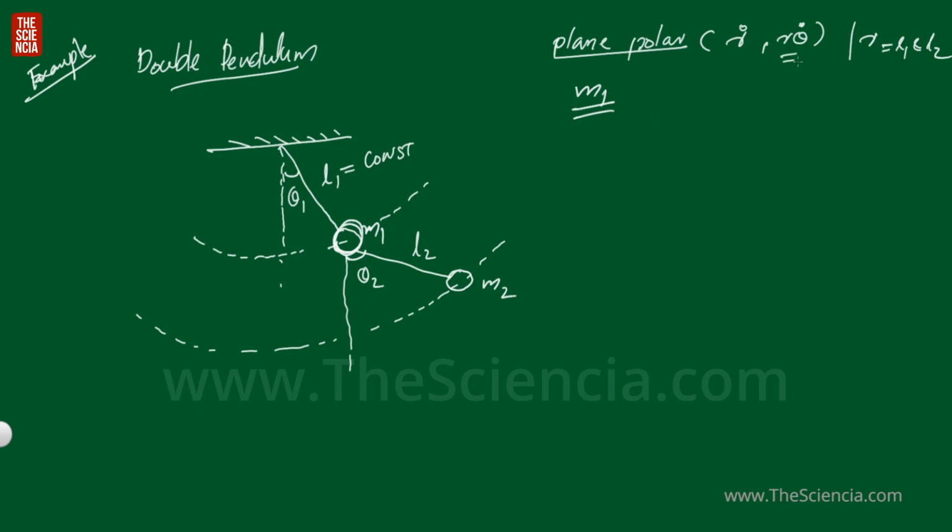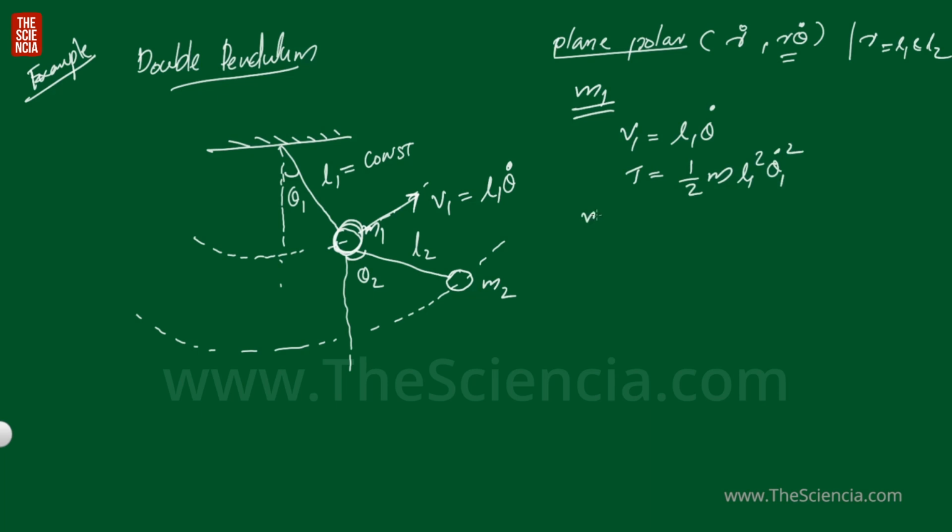Only one component will be there, that is r theta dot. Here it is L1 theta dot. So velocity v1 will be equal to L1 theta dot. So the kinetic energy will be equal to half m L1 square theta 1 dot square.